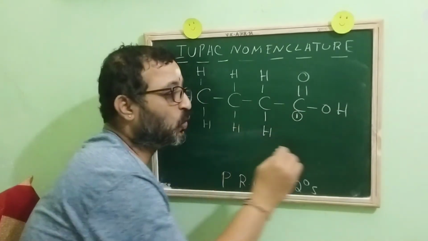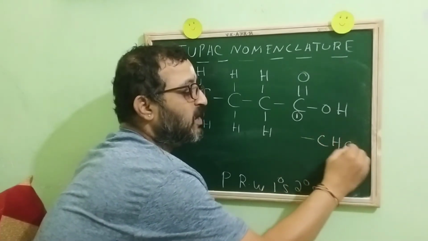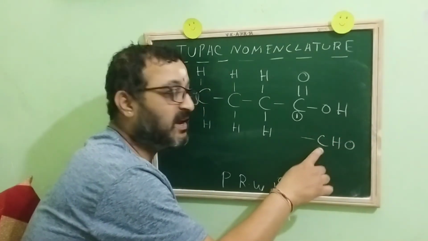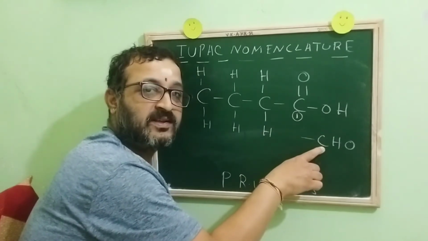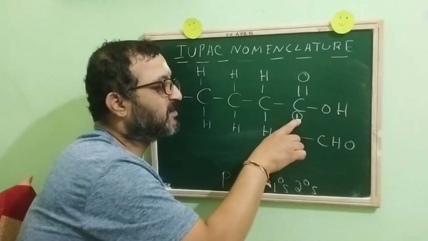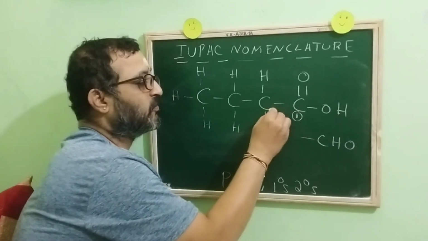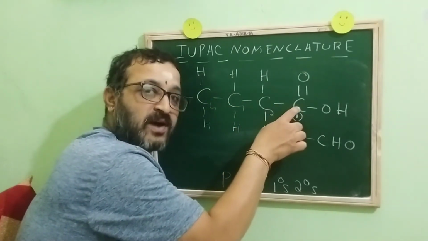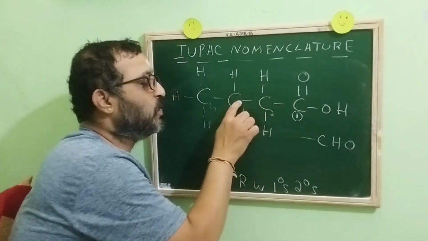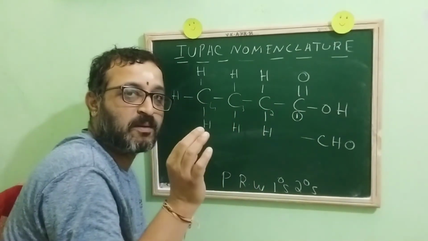As I have already told, the same thing has to be followed even in the case of which one? Aldehyde. So, these two are the functional groups which have carbon in them. So, I'll number this as 1, 2, 3, 4, including this functional group carbon. So, the root word will be what, children?